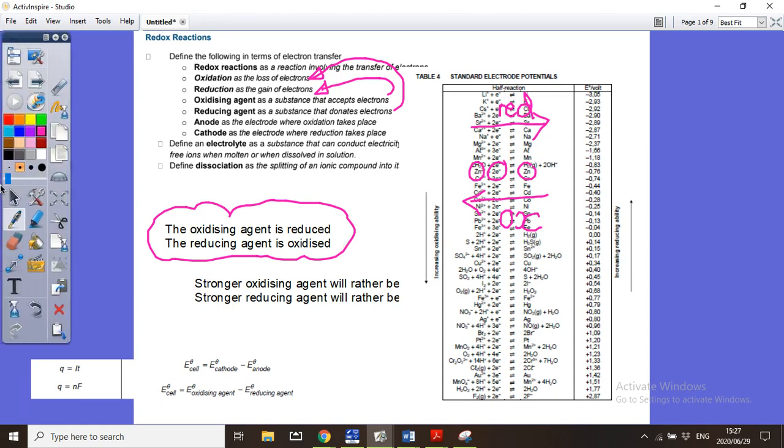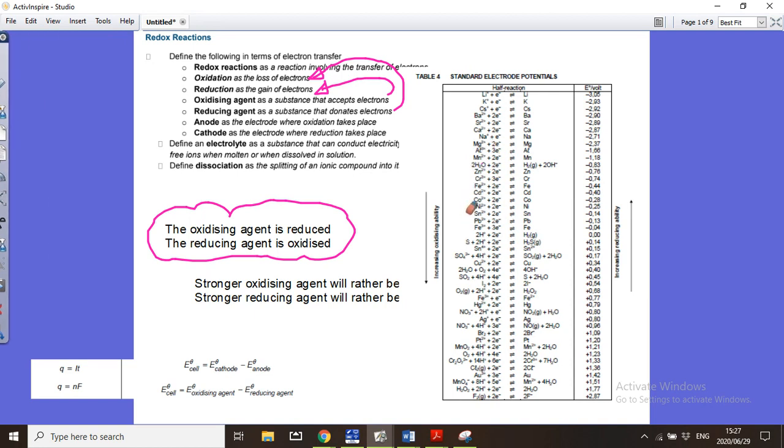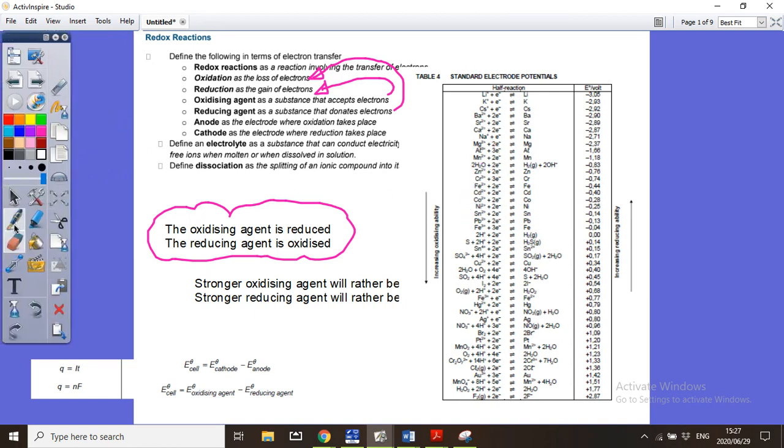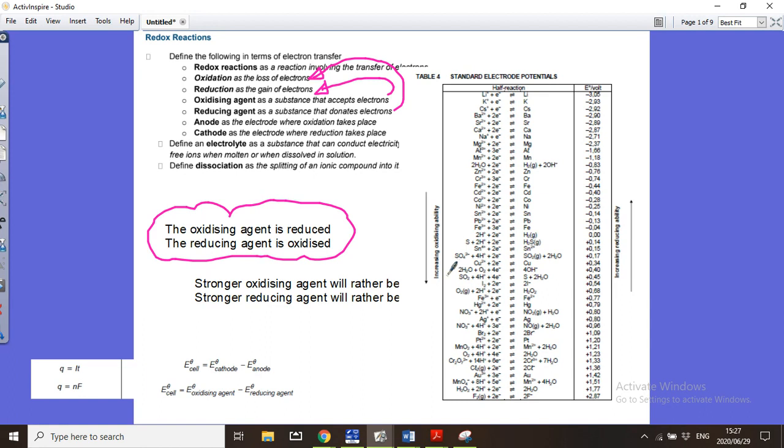So now if we go and look at our table again, you have two arrows that tell you which substances would rather be reduced and which substances would rather be oxidized. So you are going to look at these arrows. The arrow pointing down tells you increasing oxidizing ability. So what you can actually do is say stronger oxidizing agent.